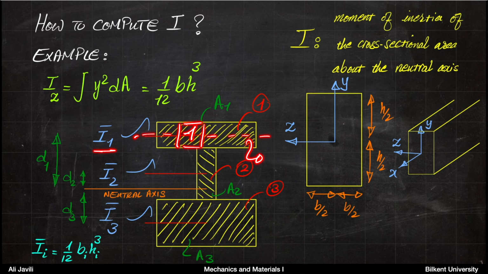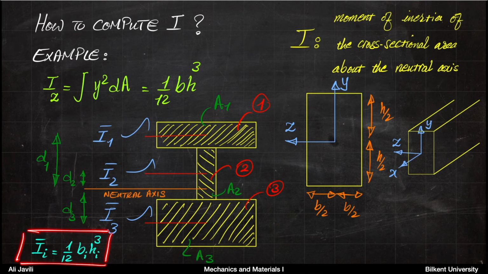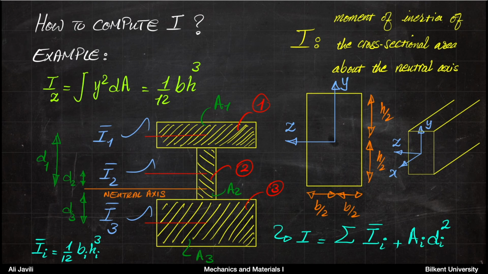So that would be 1 over 12 b h cubed, but then b1 h1, so the dimensions for cross-section 1. And then you can do that for each of them. So you calculate I bar i using 1 over 12 bi hi cubed. And then in order to account for the offset, you would multiply the area of each section times the distance to the power 2.